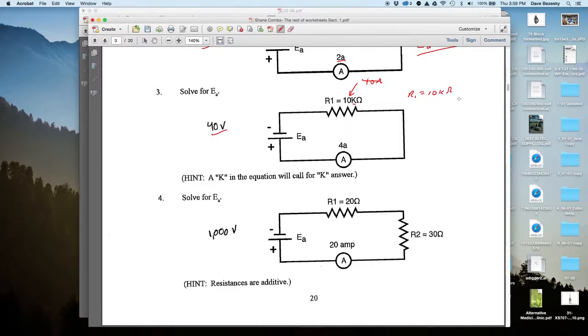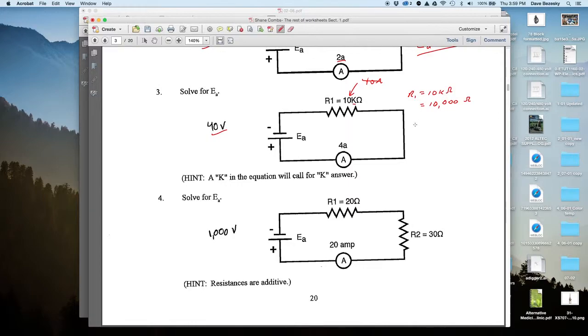Let's convert k ohms to just ohms. How do we do that? We move the decimal place to the right 3 places. So 10, put a comma there, 3 zeros. So it's 10,000 ohms, or 10 kilo ohms.